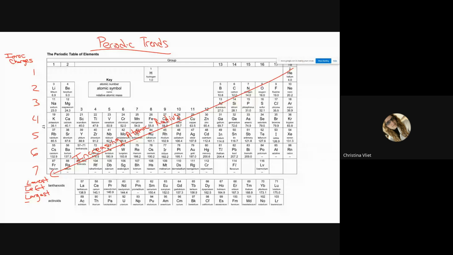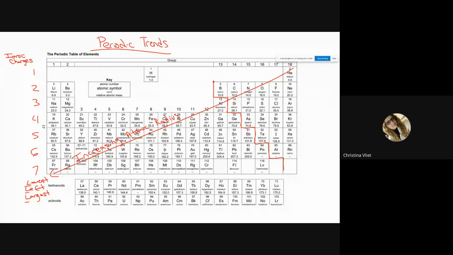The first thing to remember is your dividing line between metals and non-metals. Do you remember where that's at? So maybe fill that in for yourself just to remember. Those are your metals versus your non-metals. You should get practice with doing that so you can visualize metals versus non-metals.